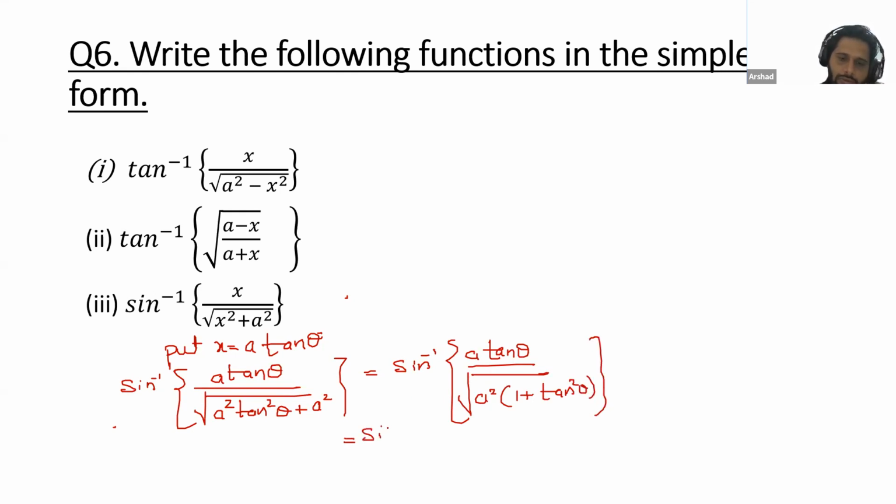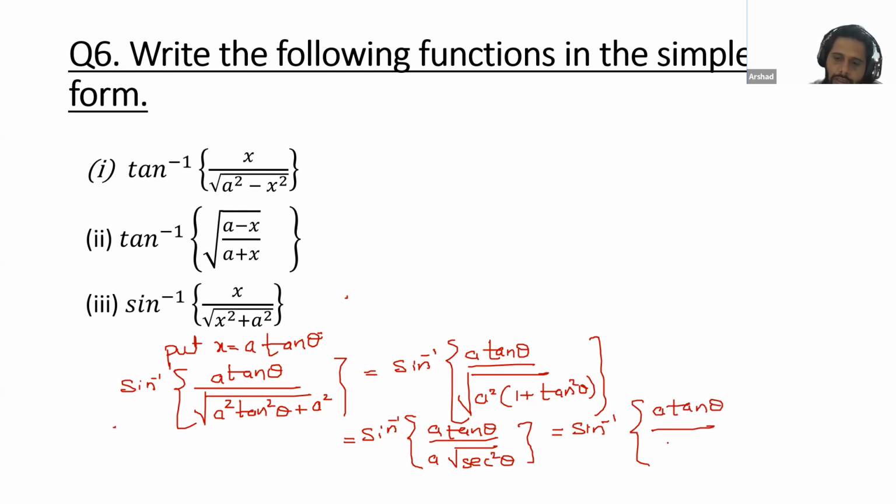This is equal to sine inverse, here we have a tan theta. Okay. From this under root, we will get a, and 1 plus tan square is under root sec square theta. And this is equal to sine inverse a tan theta by a sec theta.